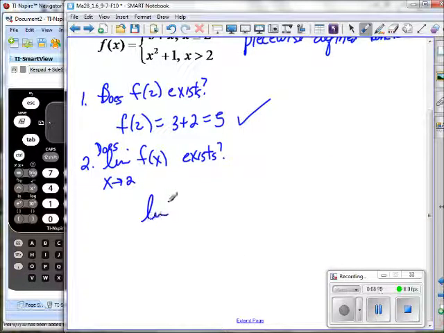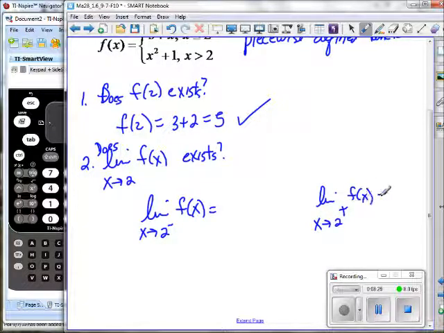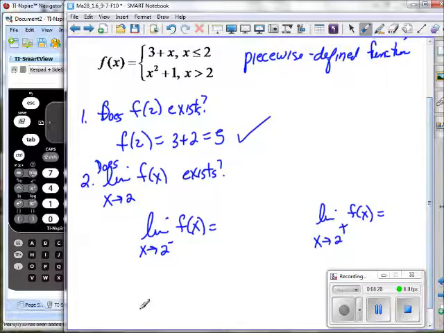We have to find the limit as x approaches 2 from the less than 2 side, and then the limit as x approaches 2 from the greater than 2 side. Which piece do I use for being less than 2, top piece or bottom piece? Top piece. It's just a polynomial, so I can use direct substitution, and it's 5.